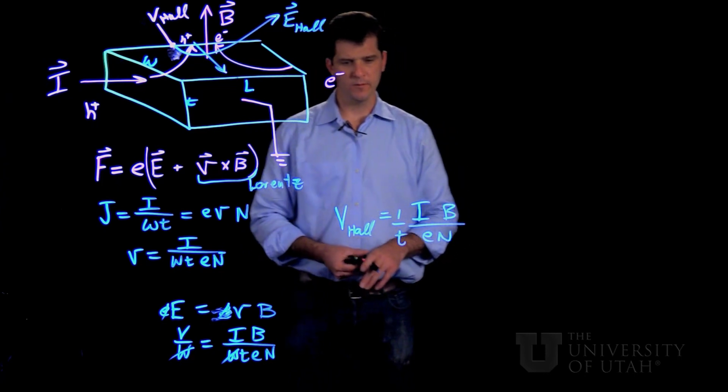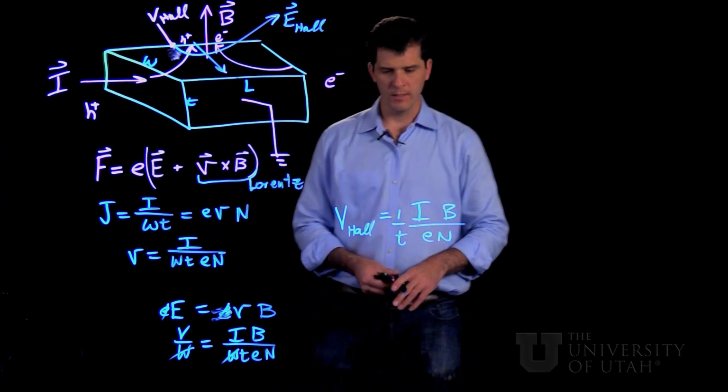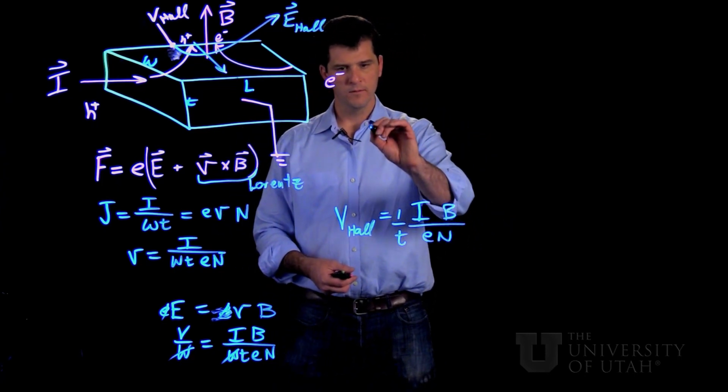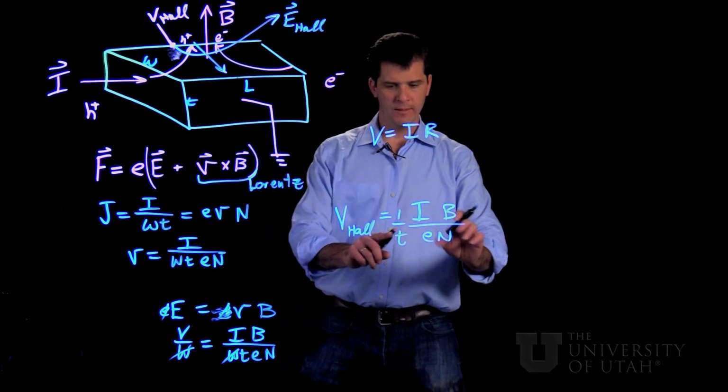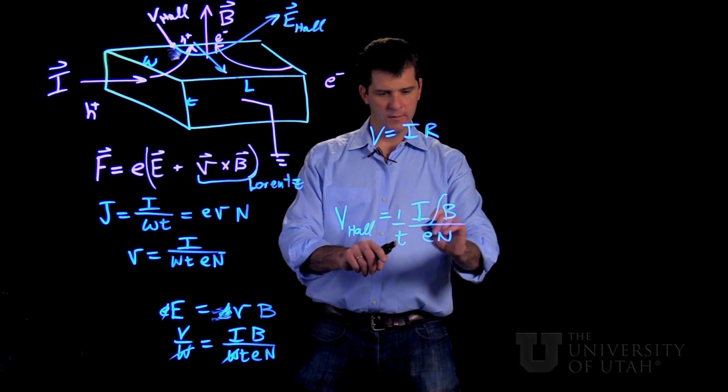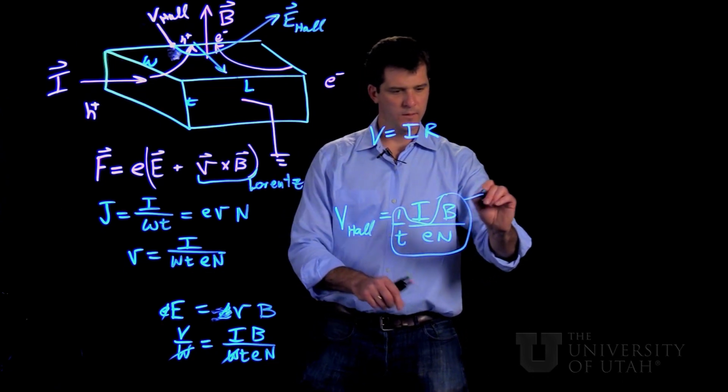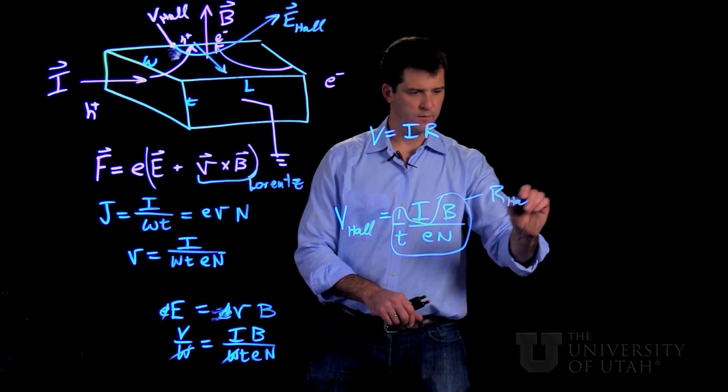Now we can make this equation look something like Ohm's law, which is V equals IR, by defining these quantities here as R Hall.